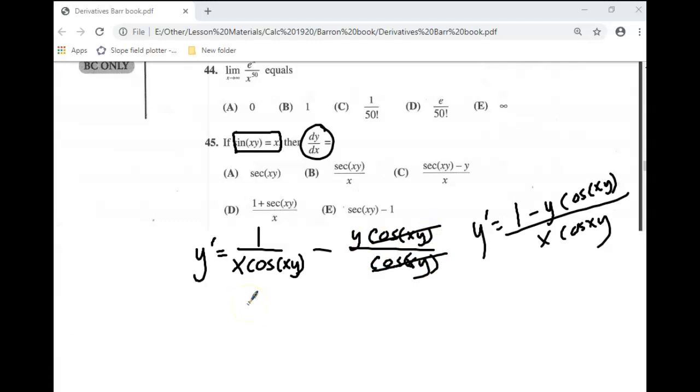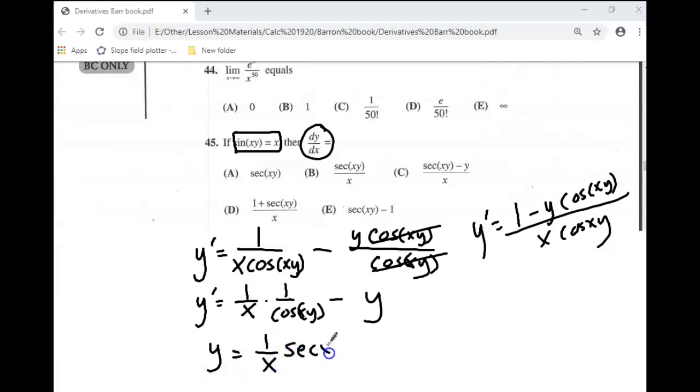Now over here, I've got 1 over cosine x, don't I? I'm going to separate these two now. I'm going to think of that as 1 over x times 1 over cosine. Why am I doing this? Because remember, I looked at my answer choices, and I saw that they have secants, and I want to get that cosine by itself, so I have a secant. So that means I've got now 1 over x times secant of xy minus y.